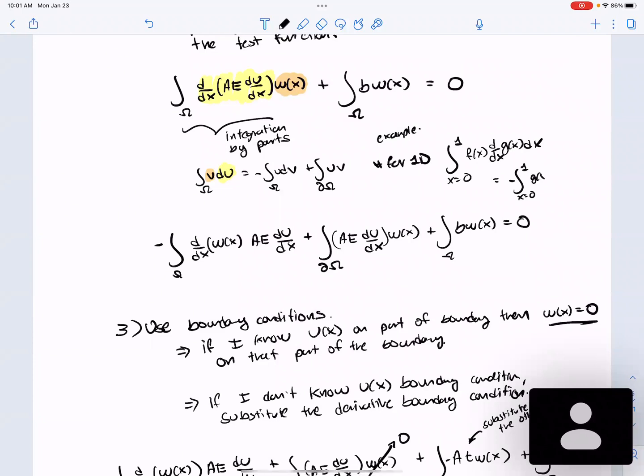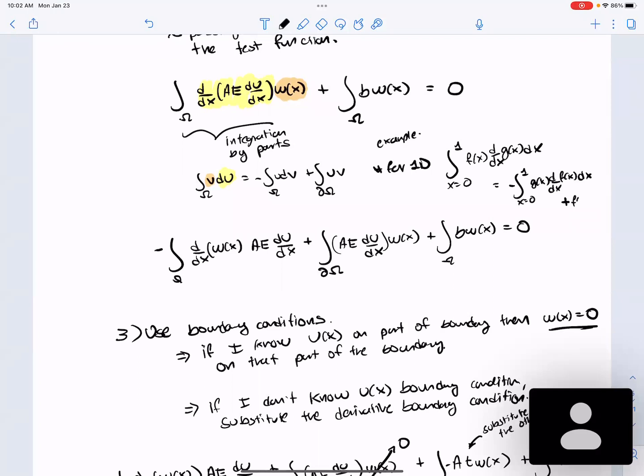So g of x is going to stay like that, and then I'm going to have d dx of f of x dx, plus an integral over the boundary. When you have 1D, this is just evaluated on the edges of the domain. So this is just f of x, g of x, evaluated at 0 and 1.